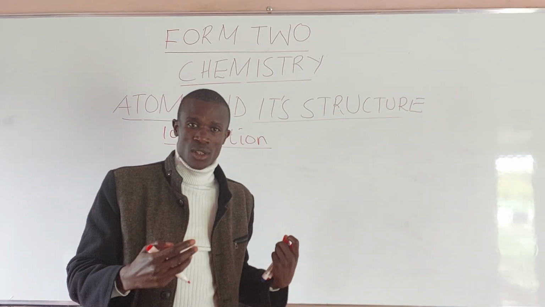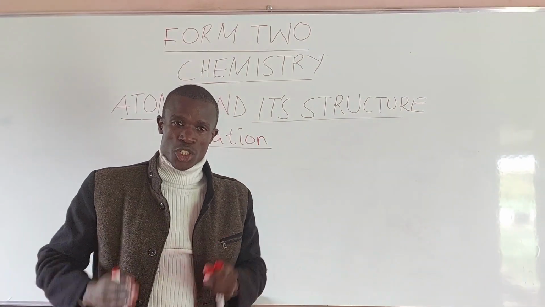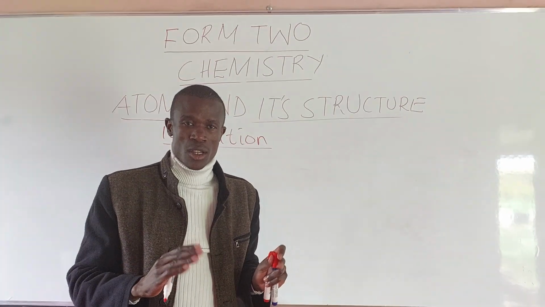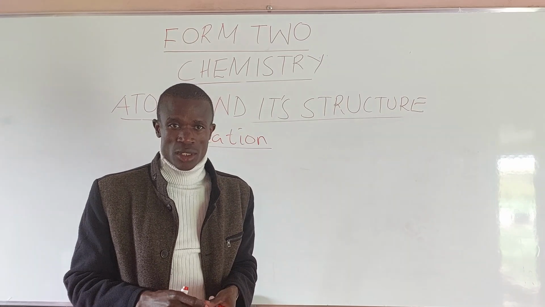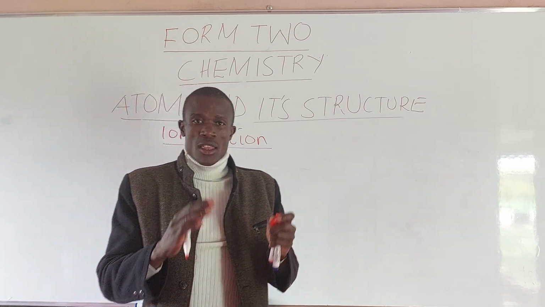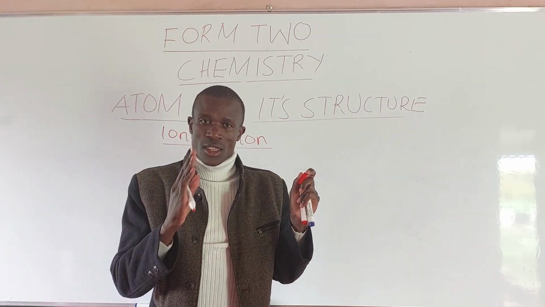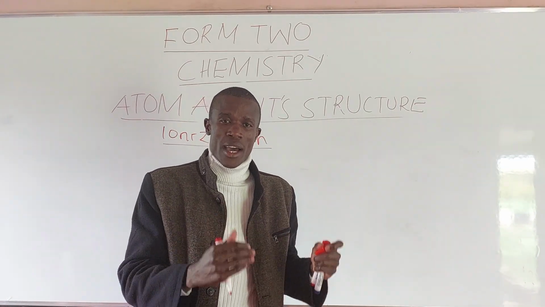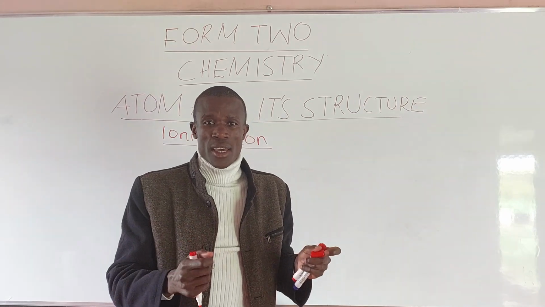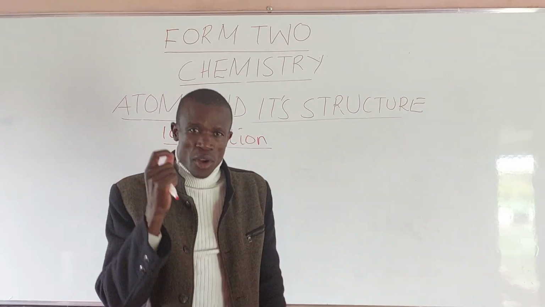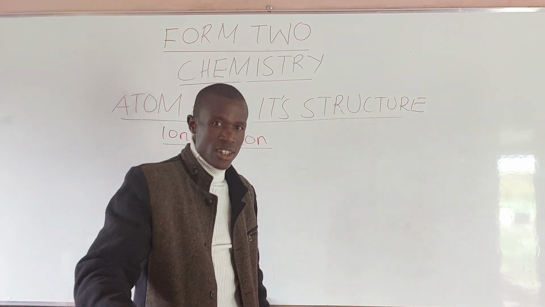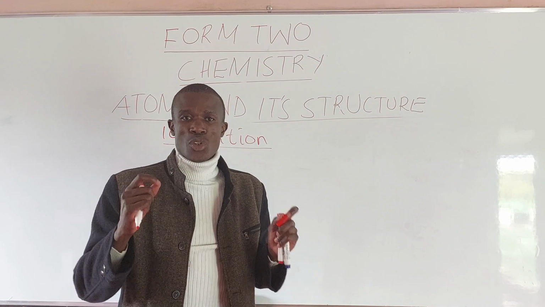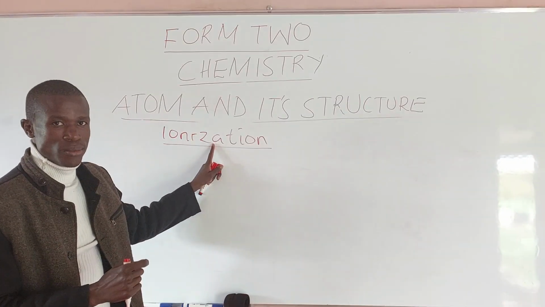Remember in our previous lesson, we said that those from group 1, 2, 3 are metals, and they can form ions by losing their outermost electrons. The non-metals can also form ions, but they only form ions by gaining electrons. The process by which an atom either gains electrons or loses outermost electrons is known as ionization.